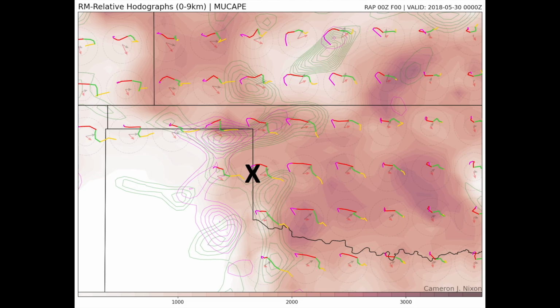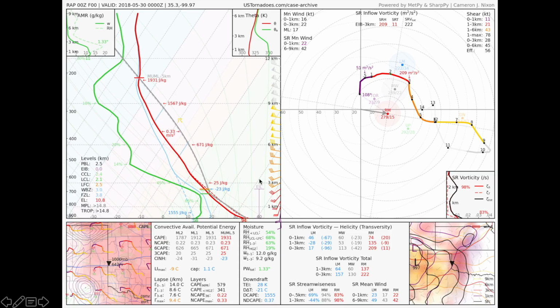So I also like the idea of this target again. We were thinking about that brief spin-up potential before we get a more longer-lived supercell, given the strong shear profile here. So if we assume that a supercell like that is going to last into the evening hours, I'm just going to pluck a sounding here to see what it might look like by 0Z.